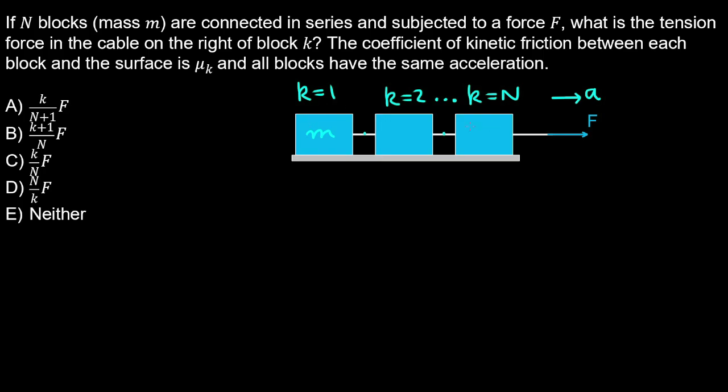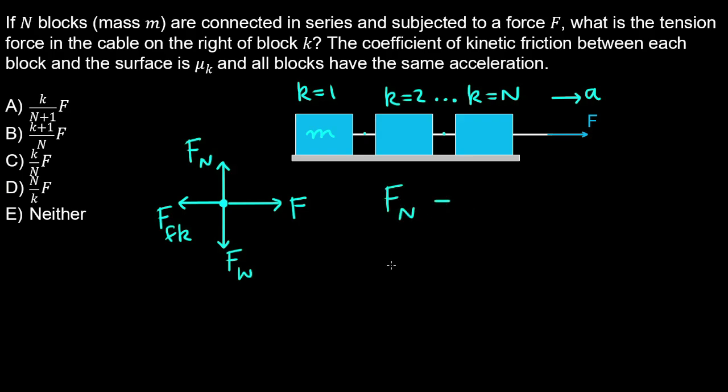So if we treat all these blocks as a system, with the forces acting at the center of mass, we have the force F, the total normal force, the force of weight, and the kinetic friction force. So applying Newton's first law in the vertical direction, we have the normal force minus the force of weight, which is n blocks multiplied by the mass of one block by the gravitational acceleration, is equal to 0.